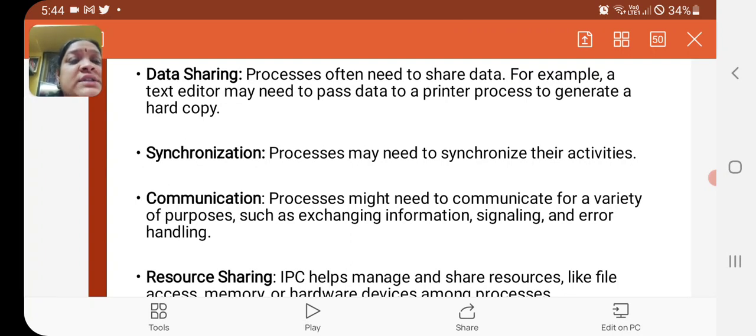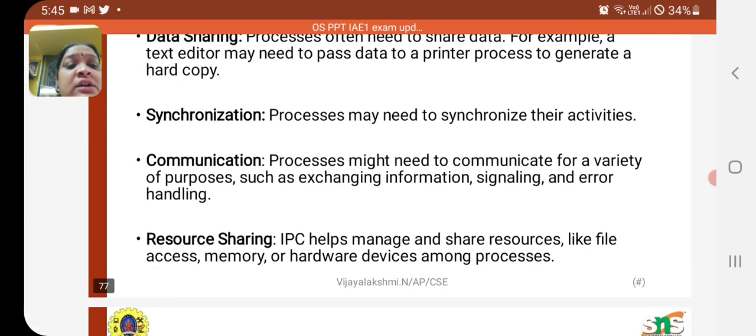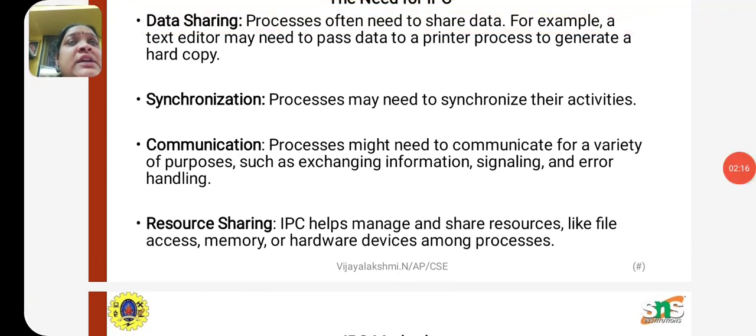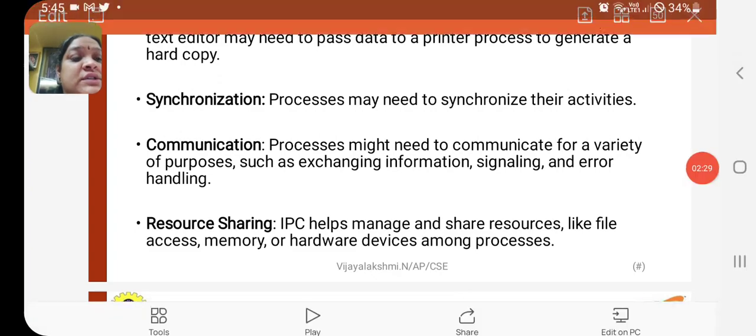Communication: processes might need to communicate for a variety of purposes, for exchanging information, for signaling, or for error handling. And resource sharing: the work of IPC is to help manage and share resources, say, for example, file access, memory, or hardware devices among processes.